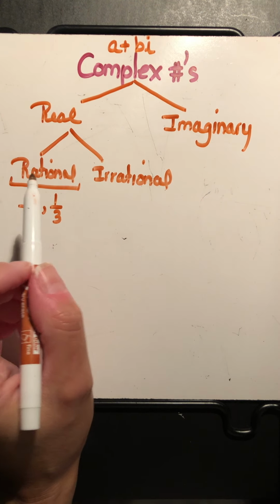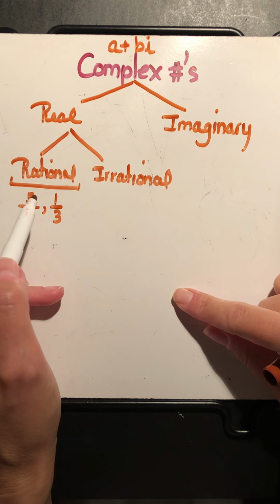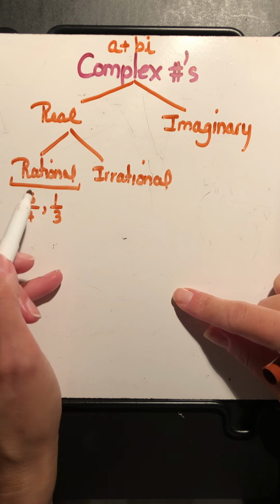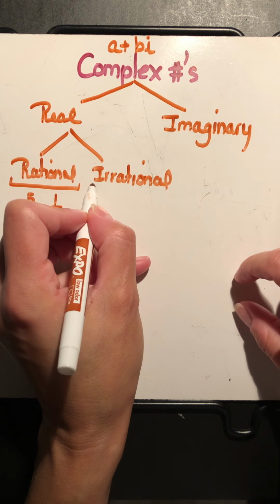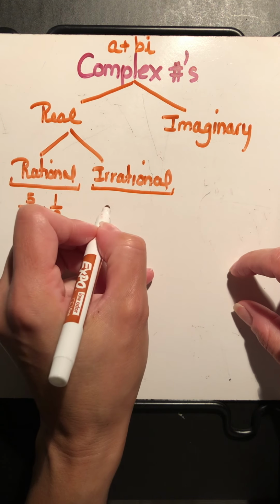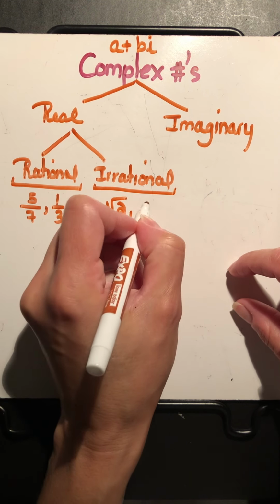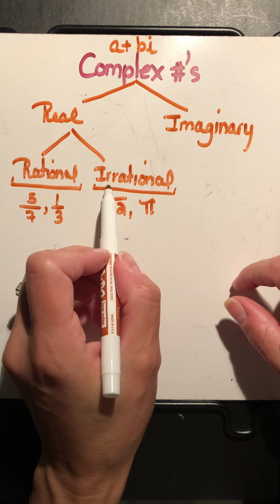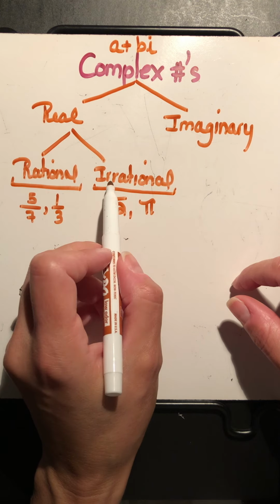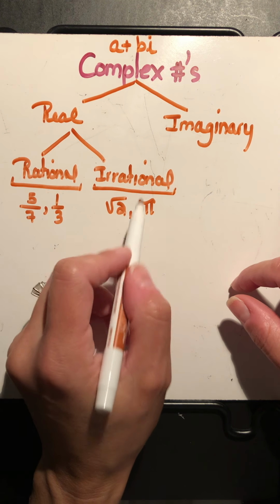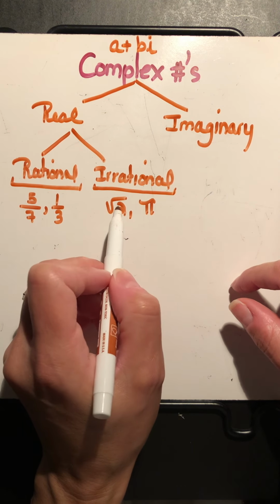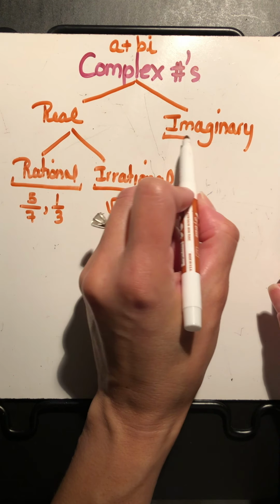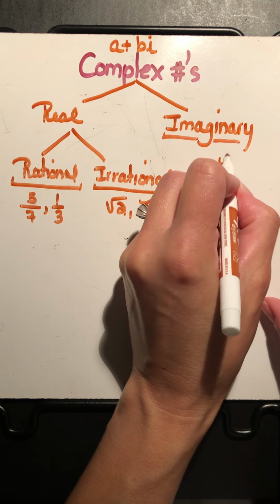Rational numbers either terminated if I converted them into a decimal, or they repeated in some predictable way. Whereas irrational numbers like the square root of 2 or pi would not repeat and not terminate. So those were some features of irrational numbers. And then of course, imaginary numbers were things like i.